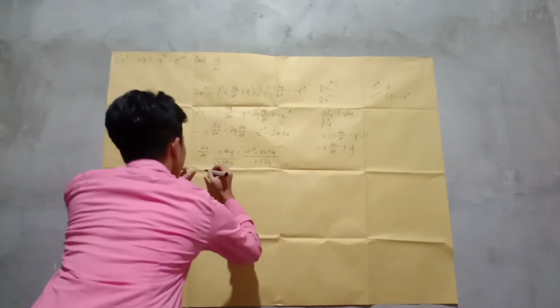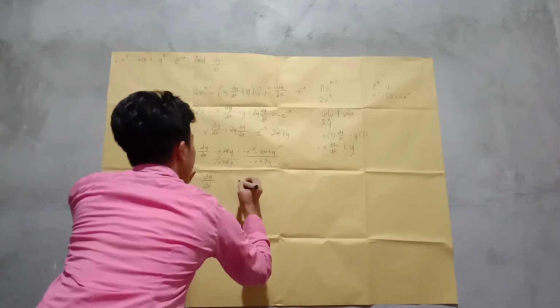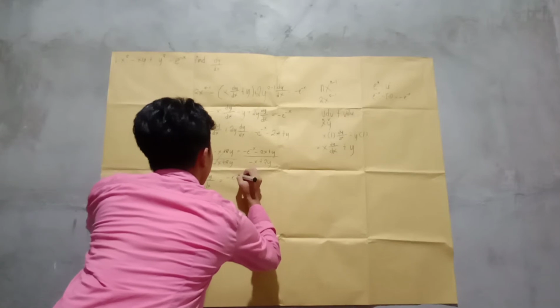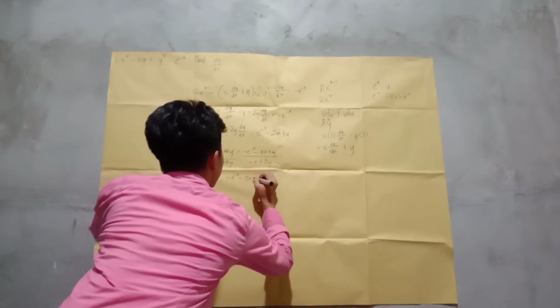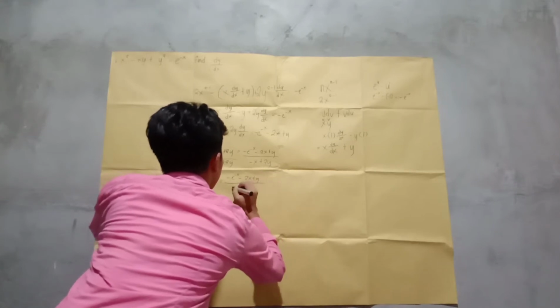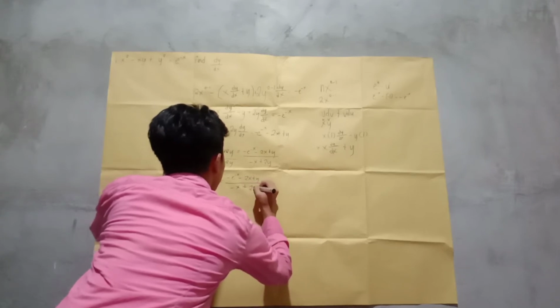The remaining term will be dy over dx is equal to negative e raised to negative x minus 2x plus y over negative x plus 2y.